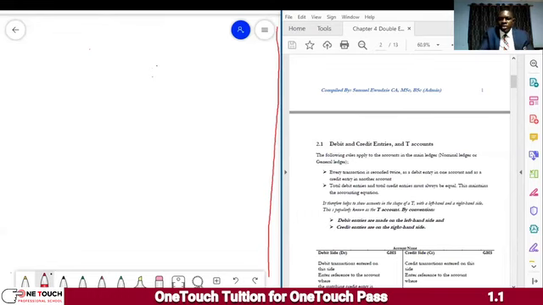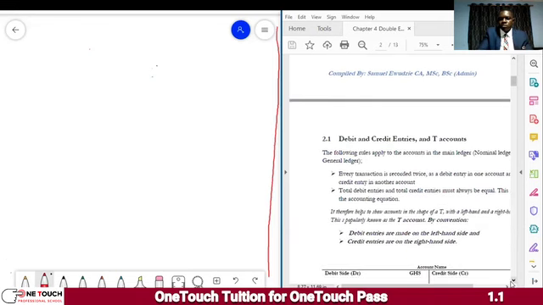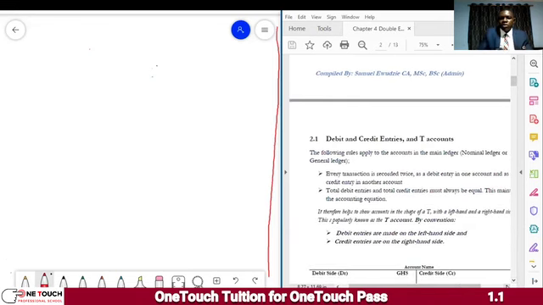Good. So now, let's continue our discussions. Now, we are looking at the rules of debit and credit entries in the T account. We have already mentioned that the total debit entries and total credit entries must always be equal.